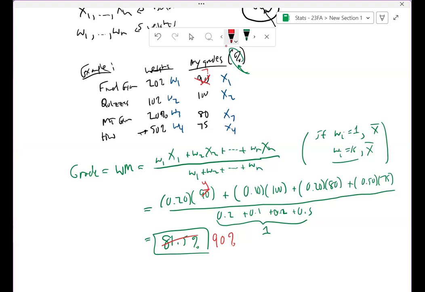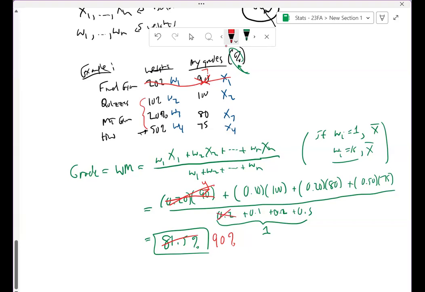I could ask, like, what is my approximate grade, say before the final exam? But would that change? Well, I'm not taking into account the final exam at all, so I would leave off this term, but also this weight.